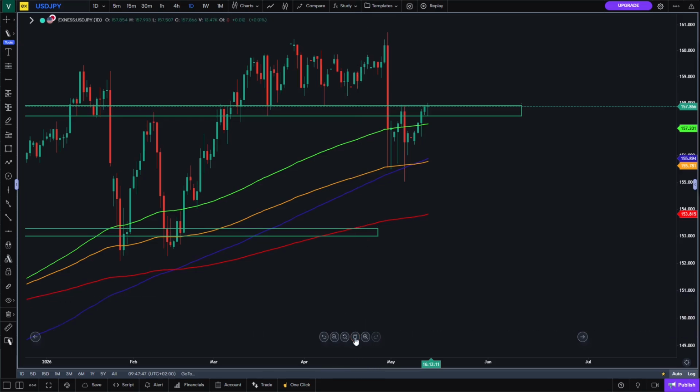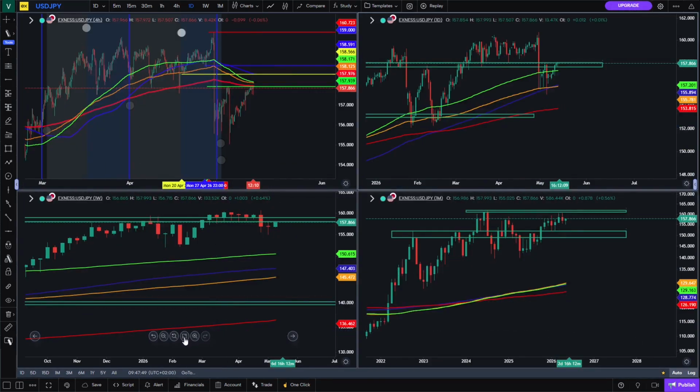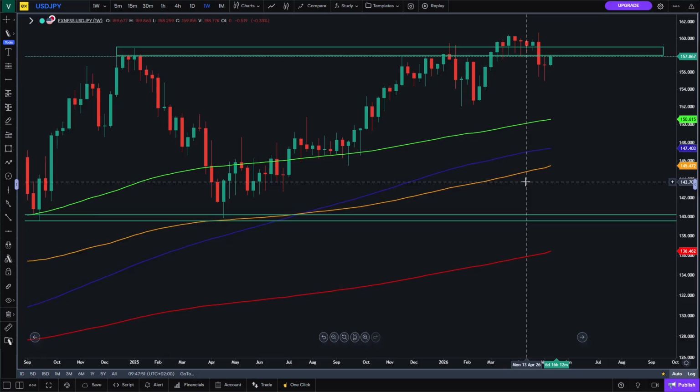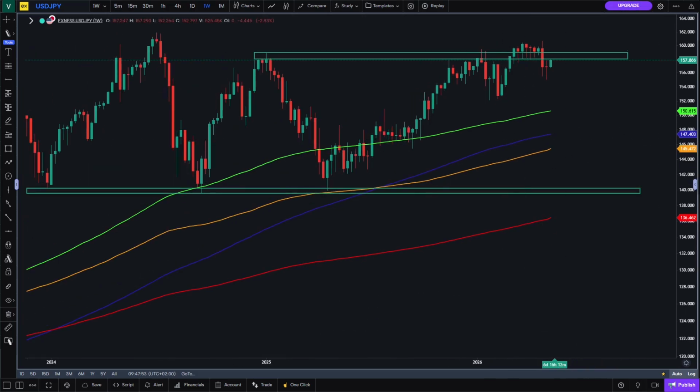So last but not least, let's go to the weekly time frame. On the weekly time frame, simple textbook, the resistance here looks like a fall and another fall. So if this happens, it will break out.